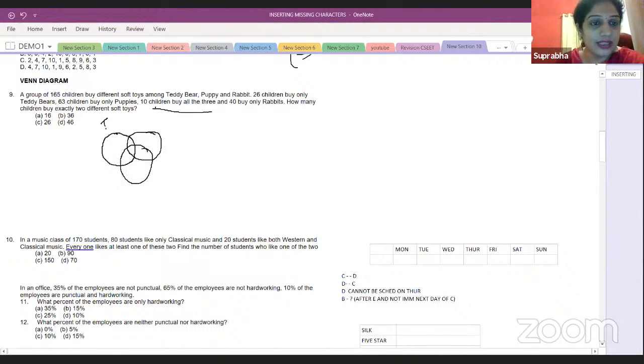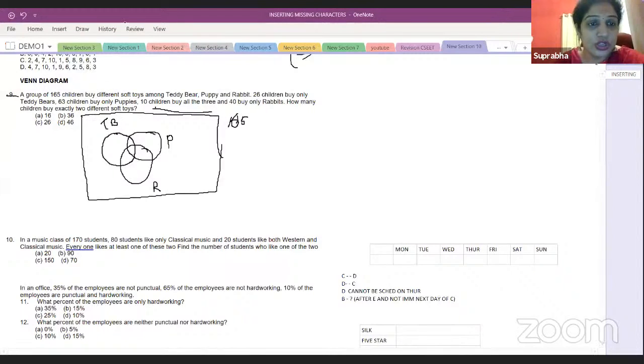So if I take this as teddy bear and this as puppy and this is a rabbit, okay, what is the total group? So total group of children is 165. Okay, so now in this 165, yes, we'll come to it, correct, Nishant.